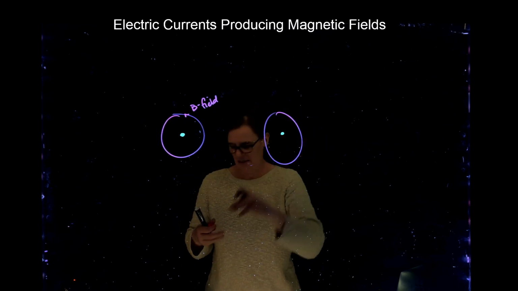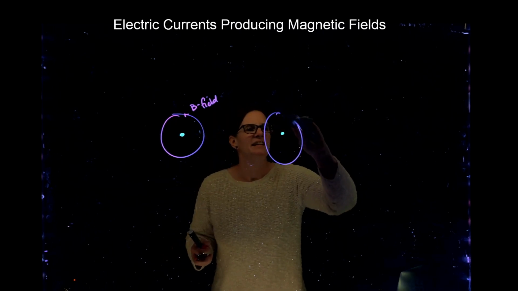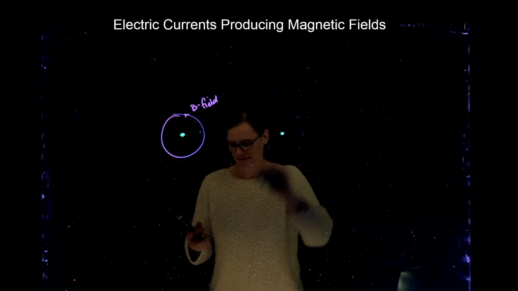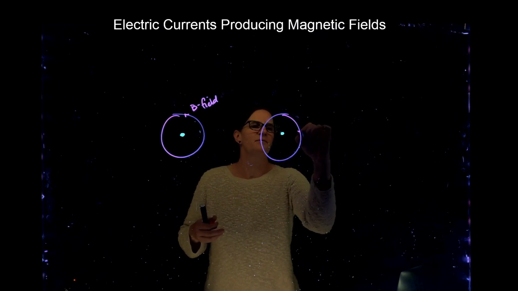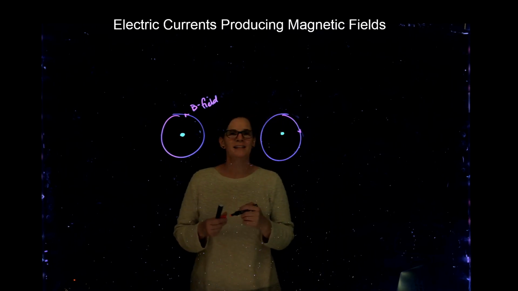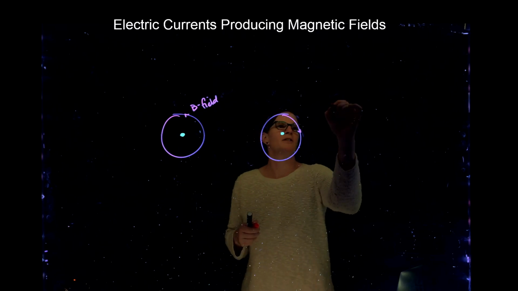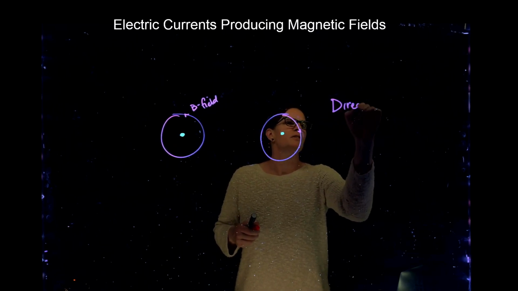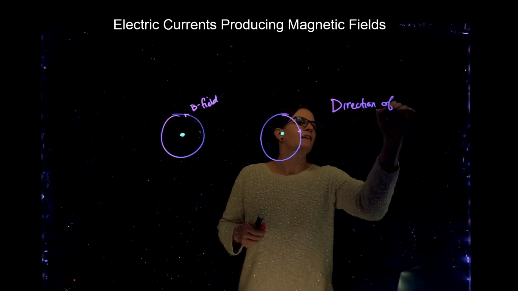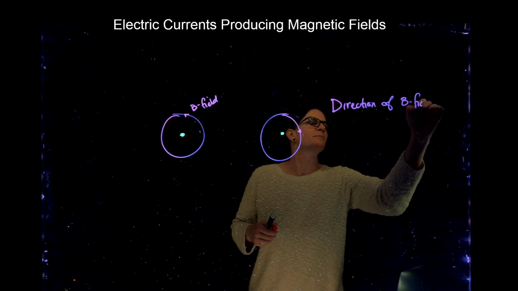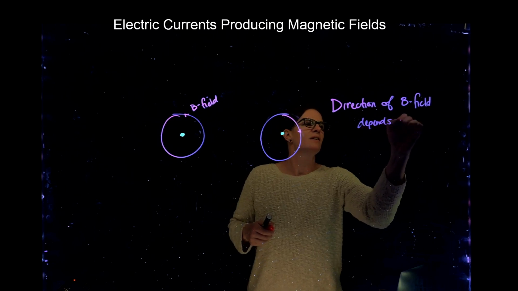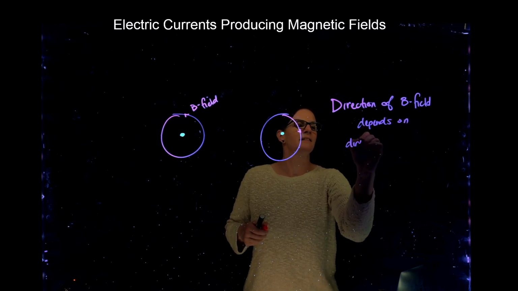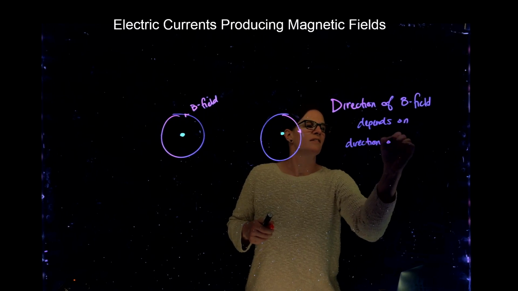The direction of the magnetic field depends on the direction of the current.